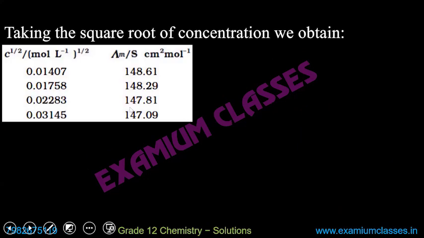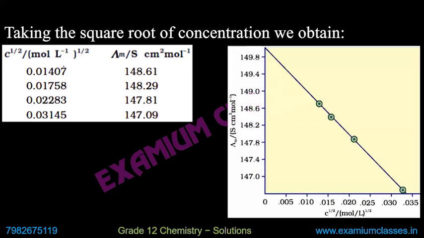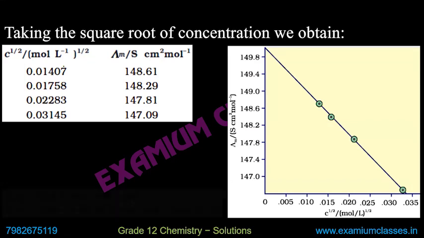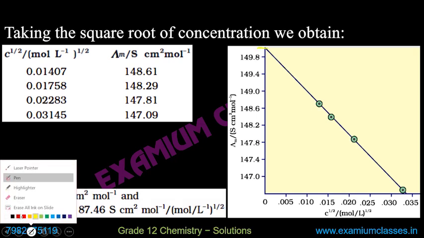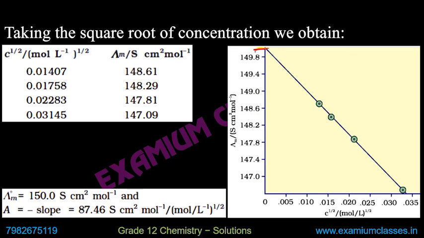So we take the square roots of the concentration, we get these values. Now we can draw the graph with these values. We join those points, we get a straight line, and where it intersects the y-axis, that will be lambda m naught. It intersects here. This point will be 150, so 150 will be the lambda m naught.